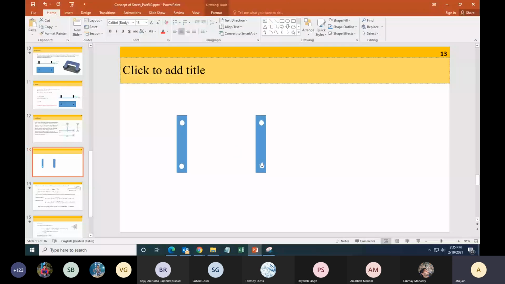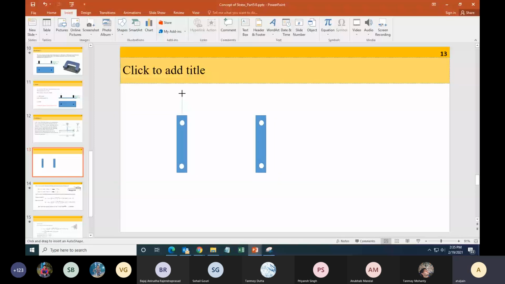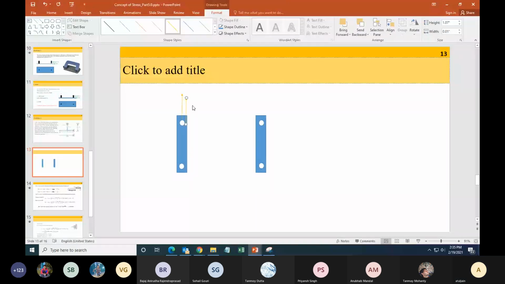Now, the first case, the load is like this.